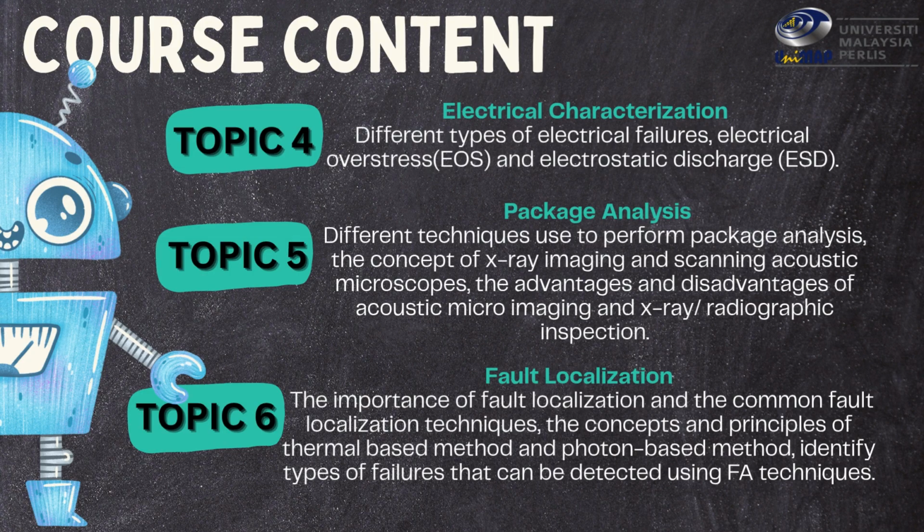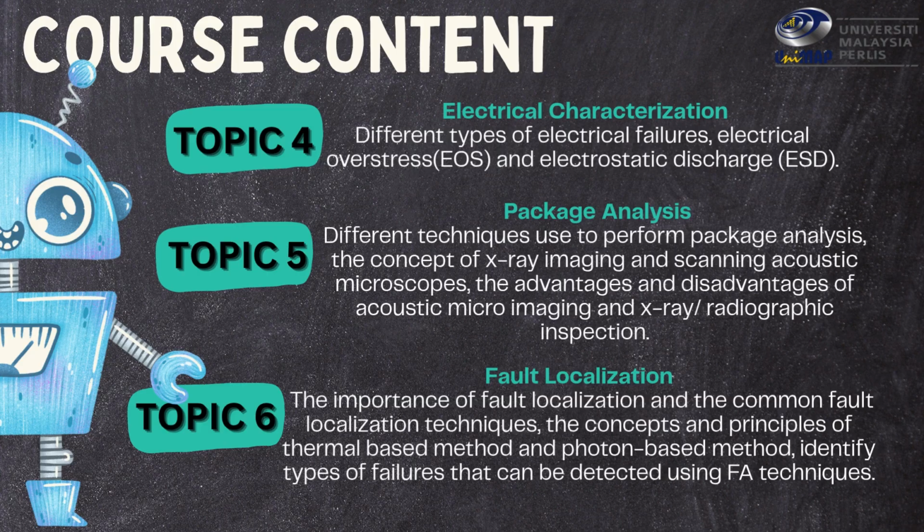You will learn what package analysis is and the different techniques used to perform it, then the concept of X-ray imaging, scanning acoustic microscope, the advantages and disadvantages of acoustic micro-imaging, and X-ray or radiographic inspection. Through package analysis, we will learn about imaging, microscopes, and inspections.